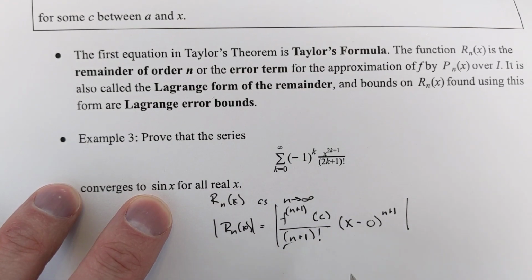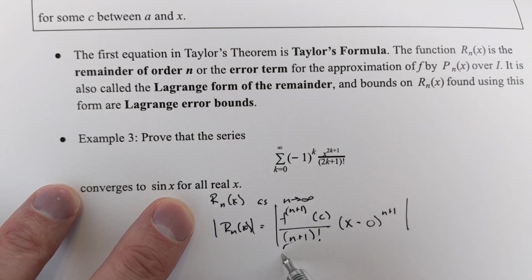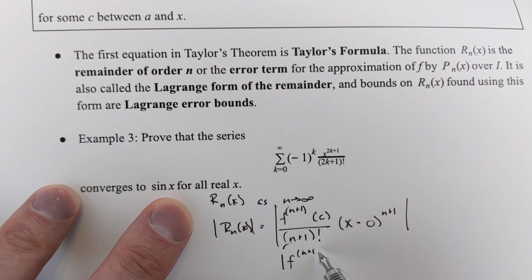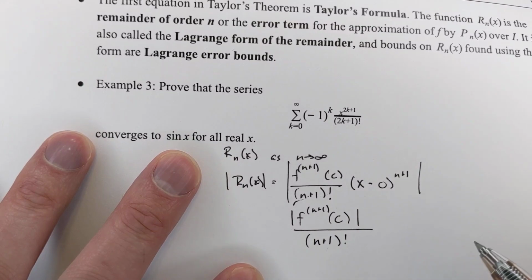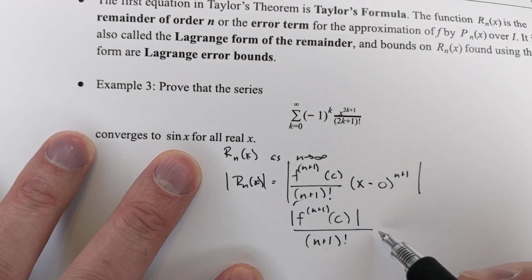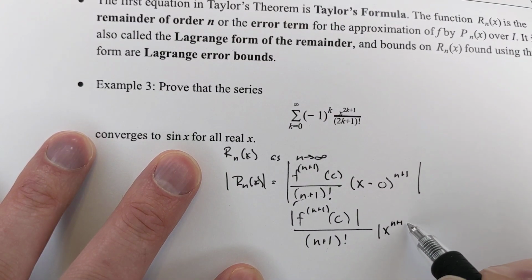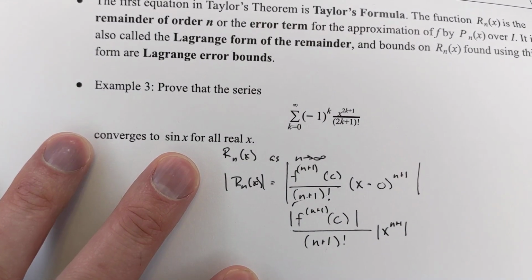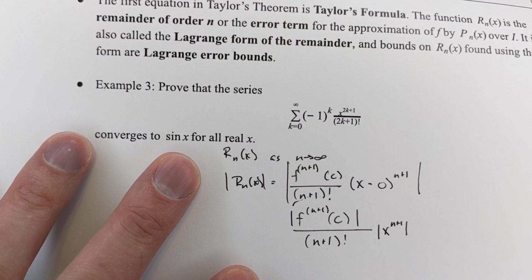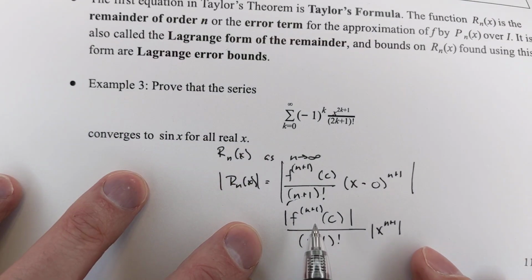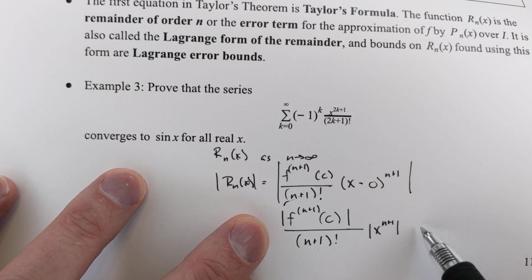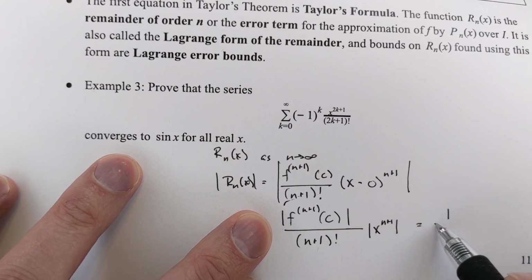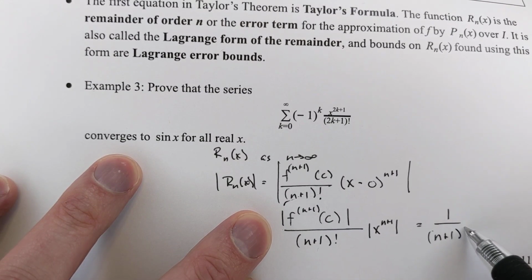The factorial term is always positive, so I can rewrite it like this. And this just becomes the absolute value of x to the n plus 1, because the minus 0 doesn't matter. So this will be 1 up top at most. So we get this.